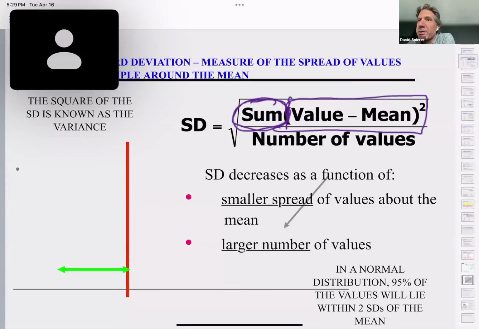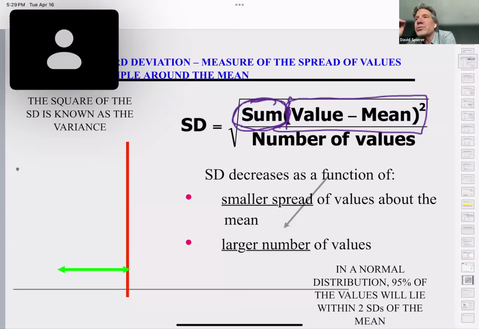That's the first thing you're doing. Then you're dividing that value by the number of values you actually have in your data set. So it could be 50, it could be 25, however many values it is. And then you're taking the square root of that.